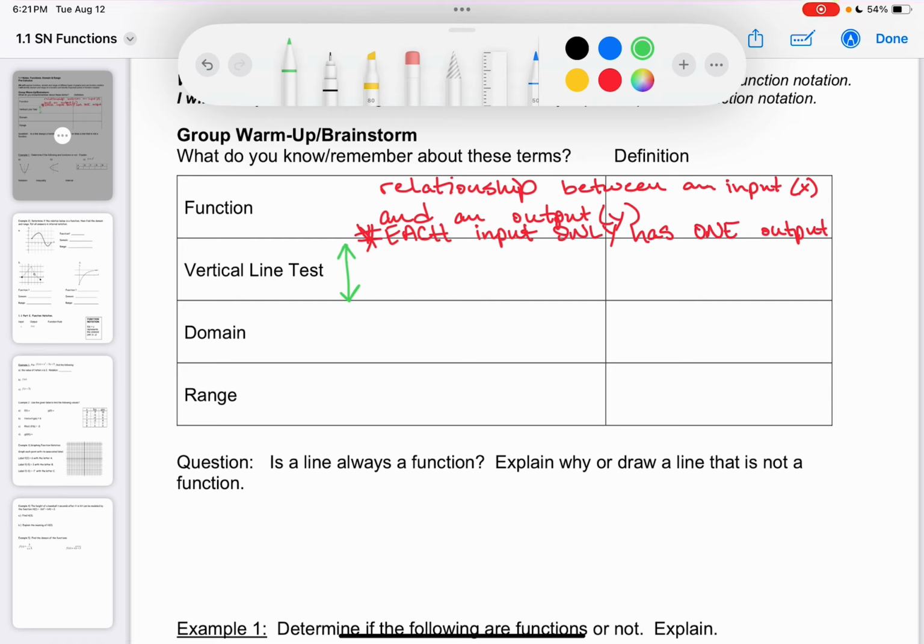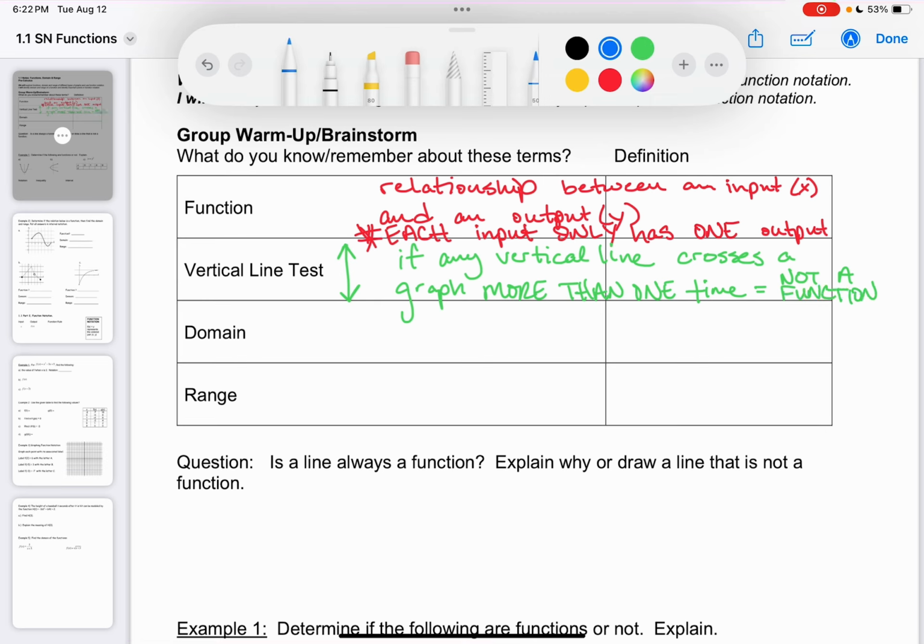The way it works is, if any vertical line crosses a graph more than one time, then it is not a function.